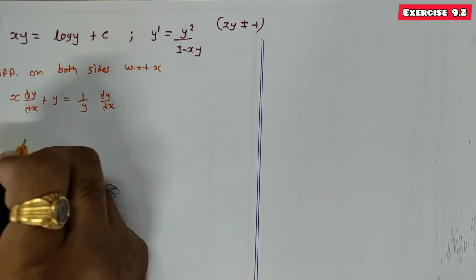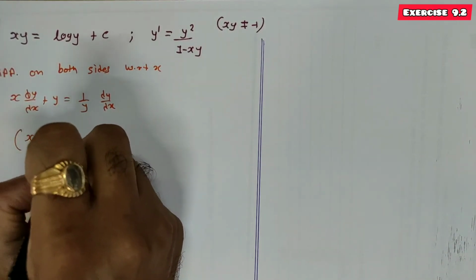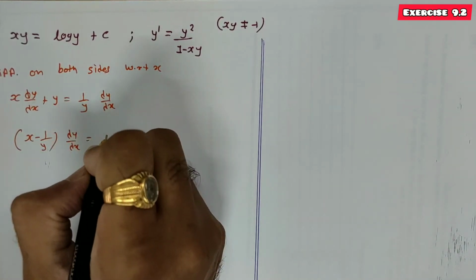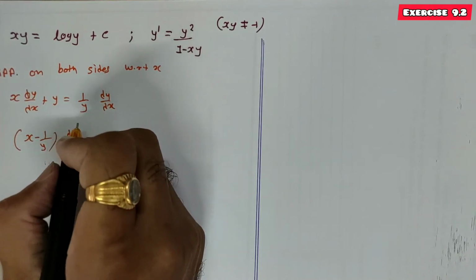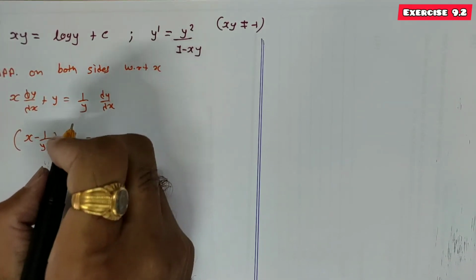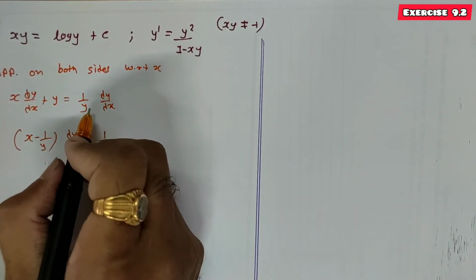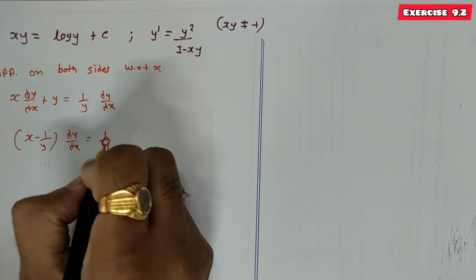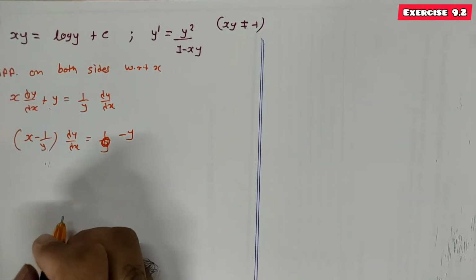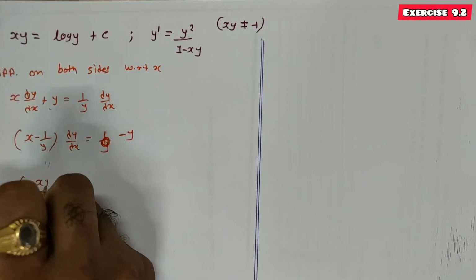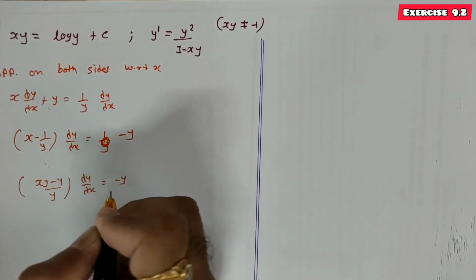Now taking this dy by dx on the left hand side, so we are getting x minus 1 upon y dy by dx equal to minus y. Taking this y on the right hand side, so this is minus y. So here it's xy minus 1 upon y dy by dx equal to minus y.